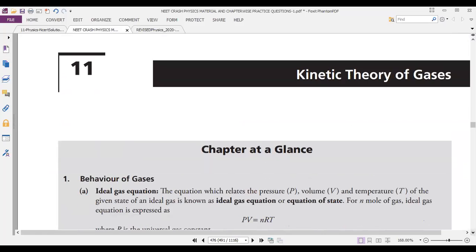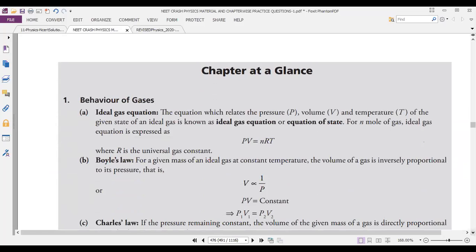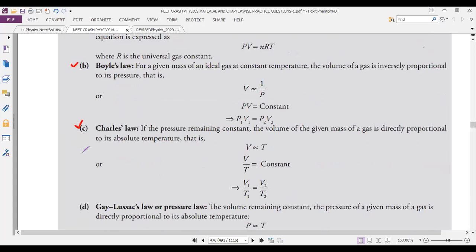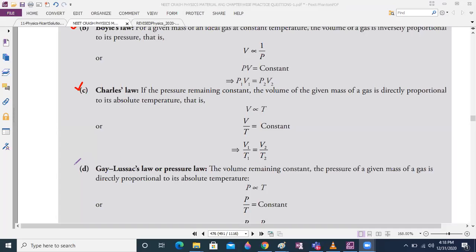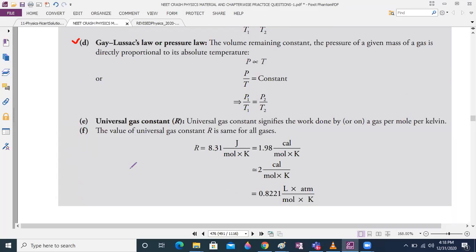First, the behaviors of gas: the ideal gas equation PV equals nRT, and the relations, Boyle's law, Charles's law, Gay-Lussac's law, the universal gas constant formula, the R formula.